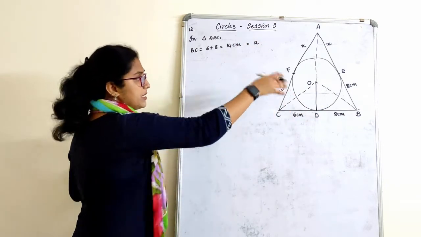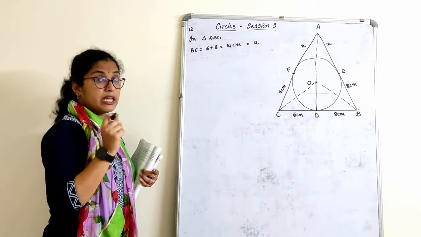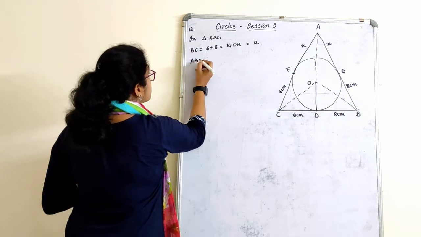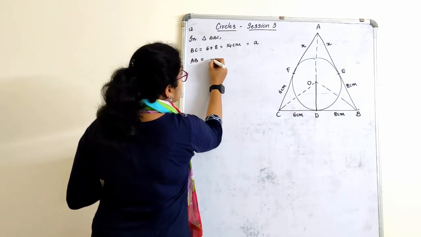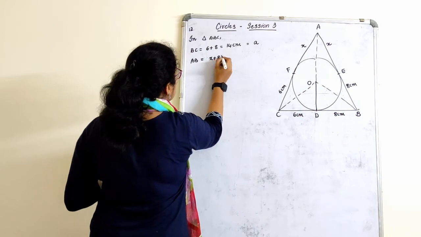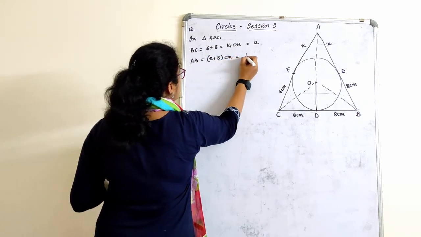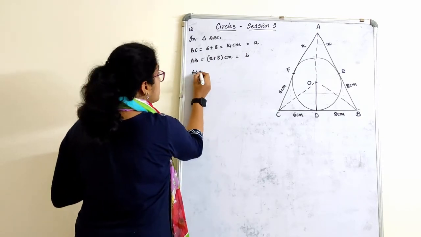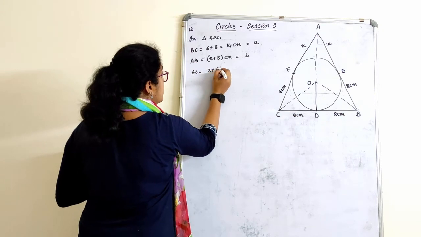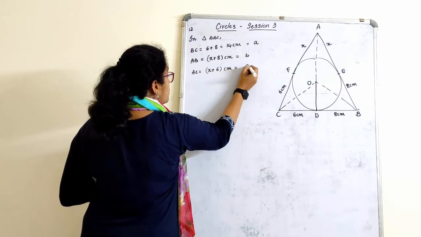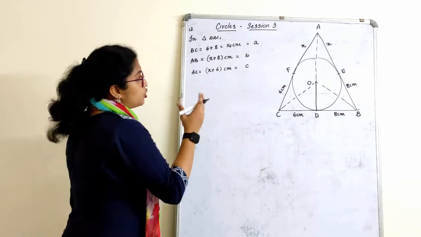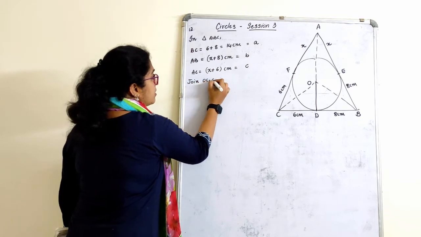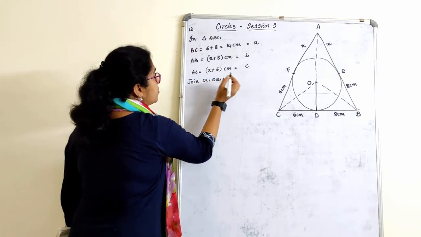A, B, C we have to consider, since by Heron's formula we require a, b, c. Next I will take AB, that is equal to x plus 8 centimeter, that is b I consider. Next is AC is equal to x plus 6 centimeter, that is c. If you want you can write here, join OC, OB and OA.